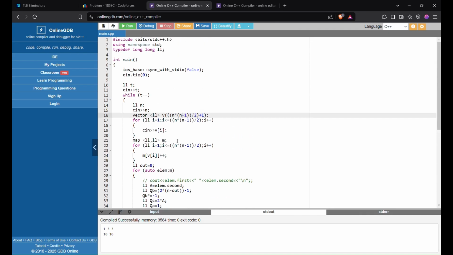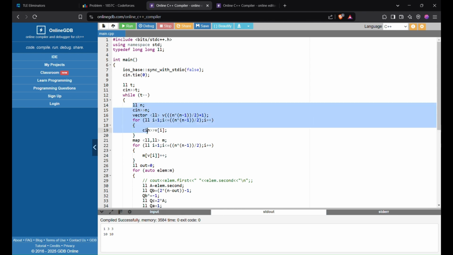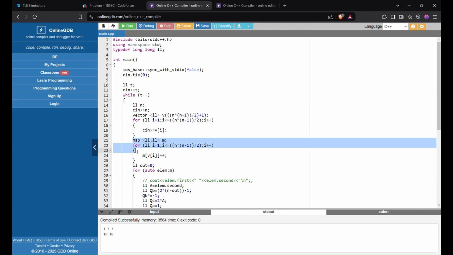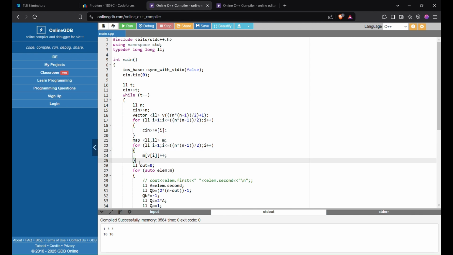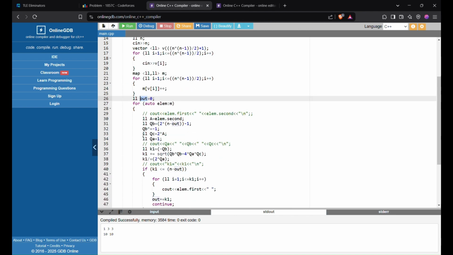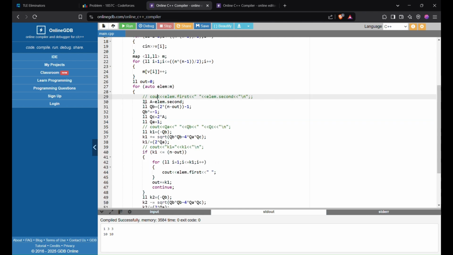The code is pretty straightforward to understand. Here we take the input, calculate element frequencies and initialize variable out as told in the solution. These are some debugging steps I have added. A is appearances, the frequency I have told you.